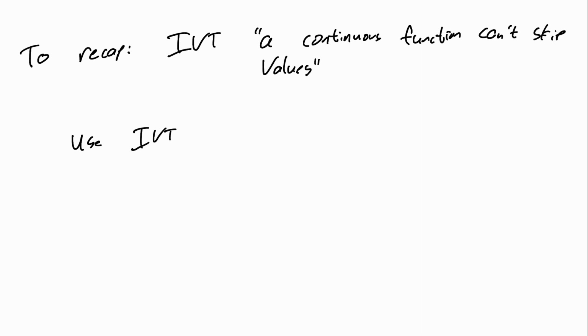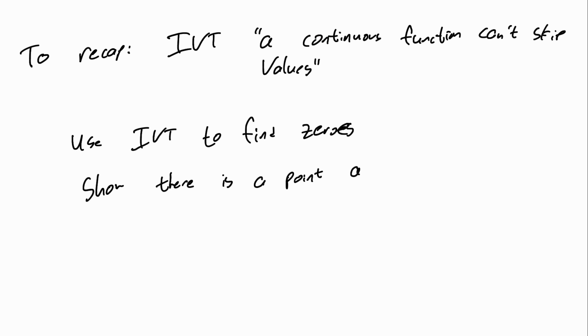We can use the IVT to find zeros, and the way we do that is we show that there's a place where the output is bigger than 0, and we show that there's a place where the output is less than 0. So we show there's a point x equals a where f of a is bigger than 0, and there's a point x equals b where f of b is less than 0.